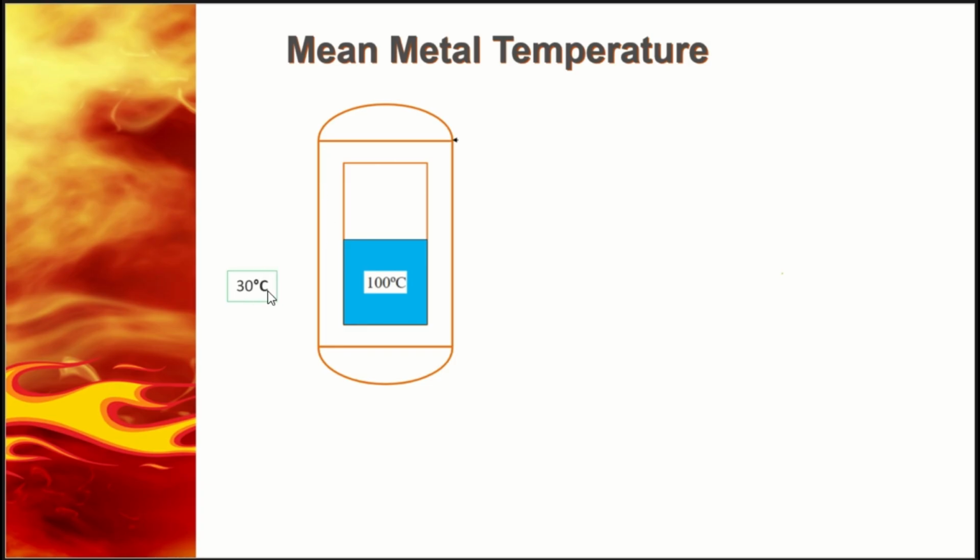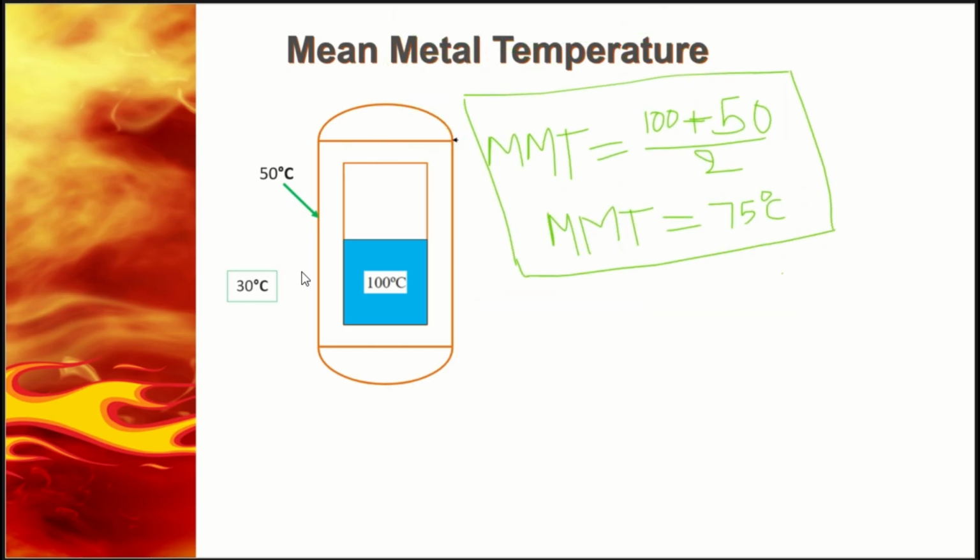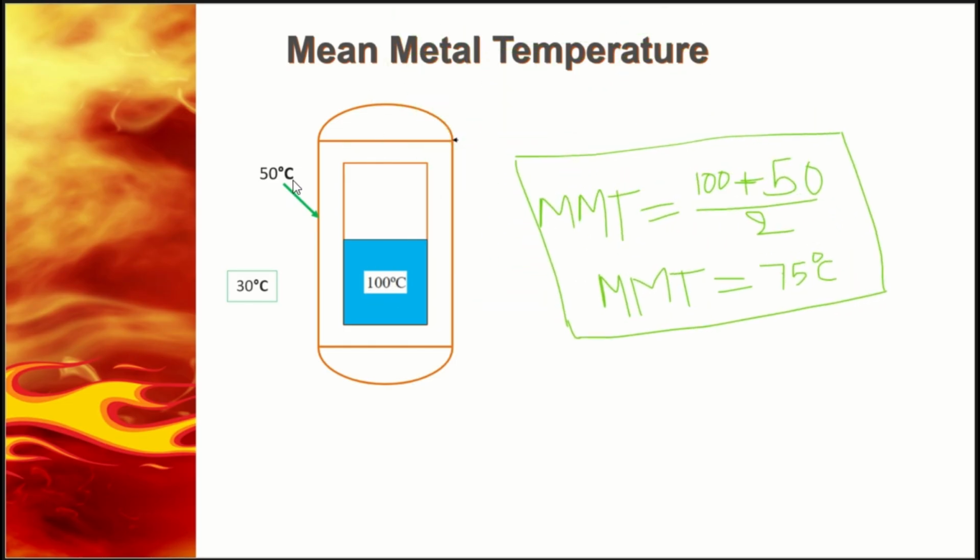Definitely not 30 degrees, because 100 degrees is here, so it will flow here. For example, consider 50 degrees Celsius. How to find mean metal temperature: mean metal temperature equals 100 degrees Celsius plus 50 degrees Celsius divided by 2. We will get 75 degrees. So our mean metal temperature is 75 degrees. This is how we need to find mean metal temperature for a material, or for our working condition.